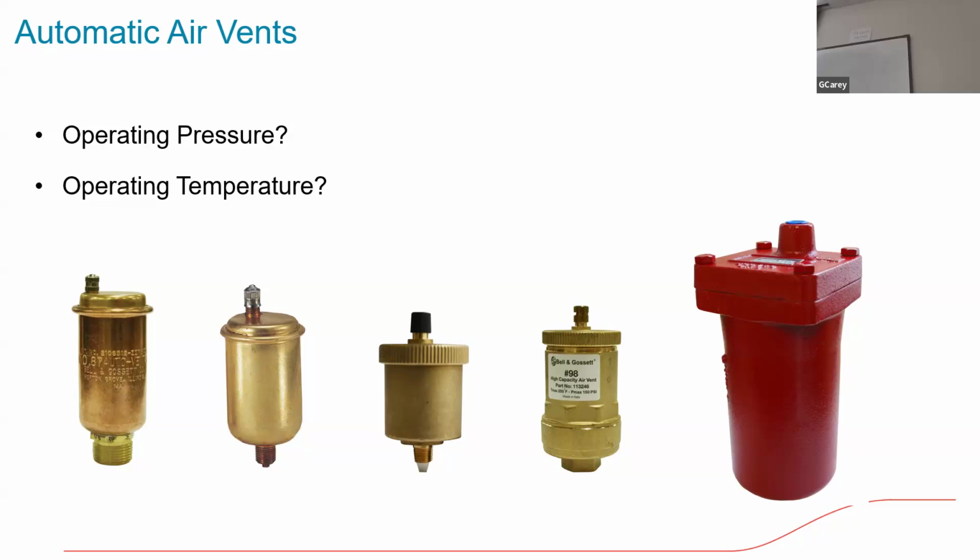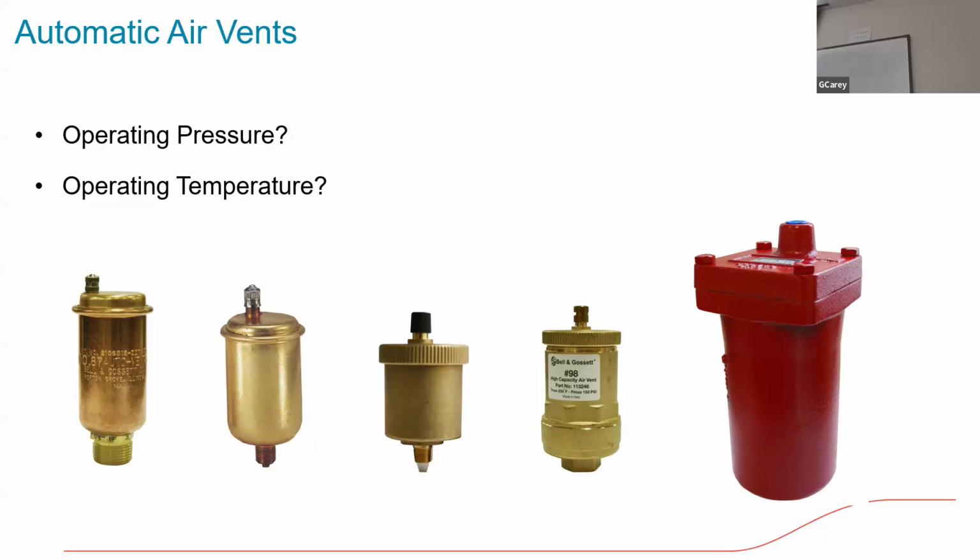And what happens is the float floats up because it's surrounded by water. When all of a sudden air bubbles are allowed or forced by the air separating device below it to rise, the float's surrounded by air and the float drops. As it drops, it's pulling the plug away from the port, from the opening, and what's behind that water?